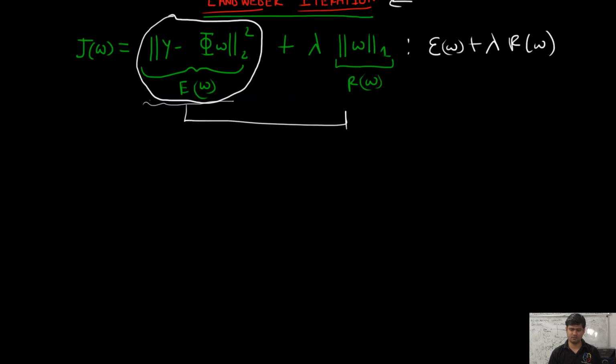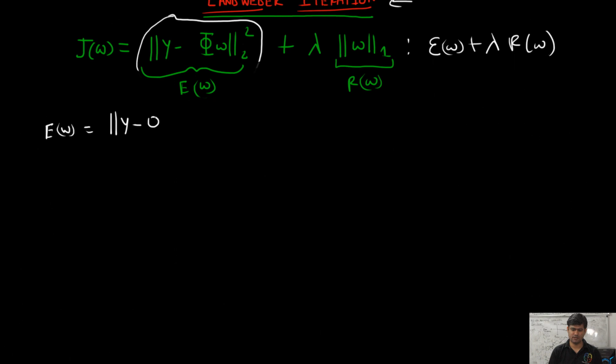So the loss function E of w is the norm of y minus phi times w, where, as we discussed in supervised machine learning, y is a vector of target values, phi is a feature matrix, and w is an n-dimensional real vector.